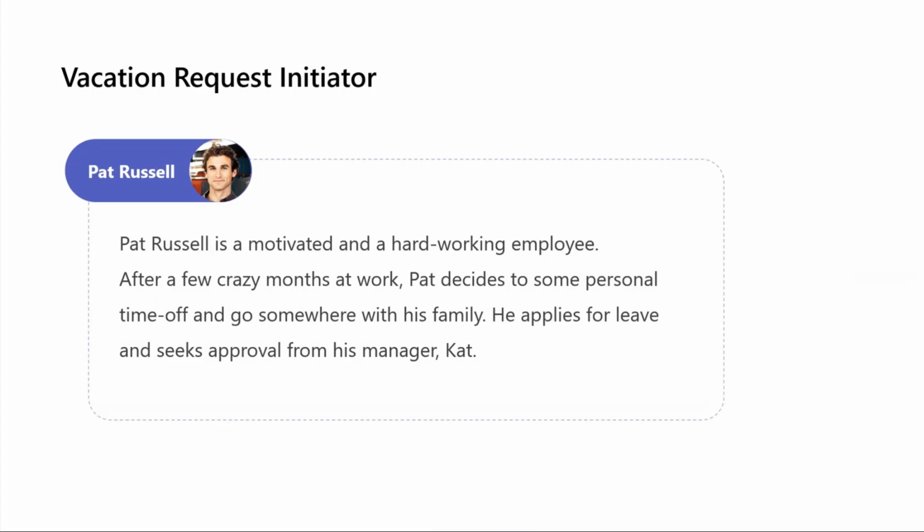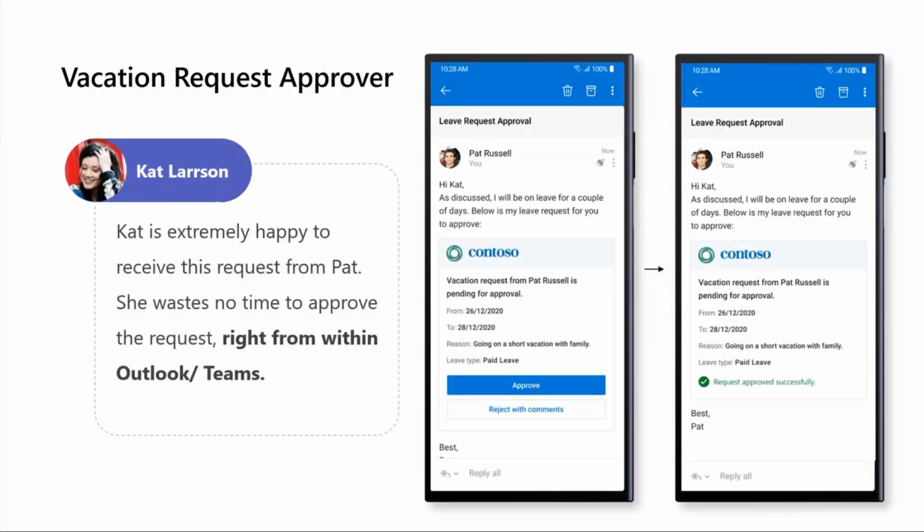Pat is a hardworking employee and after a few months at work plans to take some time off and raises a request in their favorite vacation approval tool that generates an email to his manager, Kat. Now, in a typical setup, you would imagine Kat receiving an email upon opening which she would see a link to an external site, their vacation approval site, wherein she can go verify all the details and hit approve or reject.